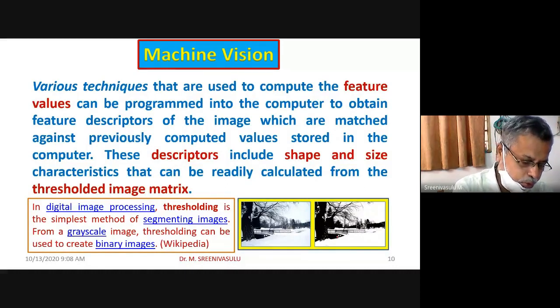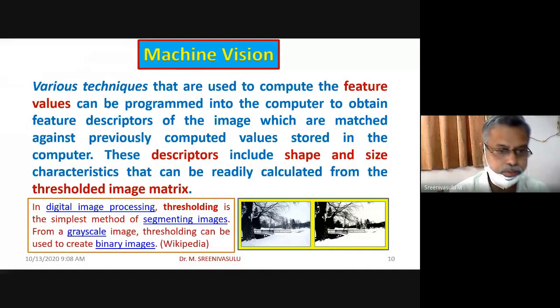Anyway, these descriptors include shape and size characteristics that can be readily calculated from the thresholded image matrix. Thresholded image is this, and the matrix pertaining to this is actually one.